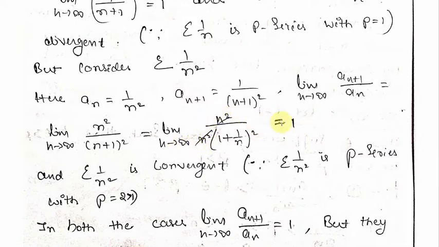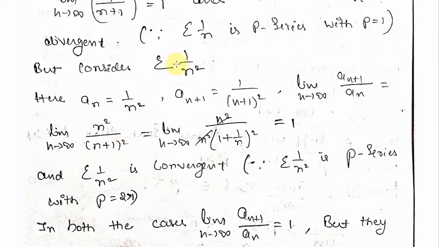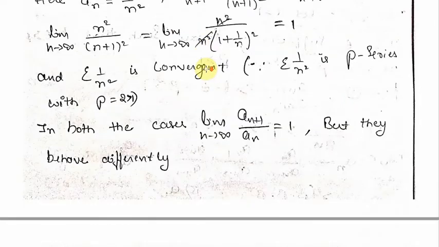Limit of this ratio is 1, but the series sigma 1 by n square is convergent in this case. This is because sigma 1 by n square is also a p series with p greater than 1. See, in both the examples, the limit value is 1, but one series is convergent and another one is divergent.